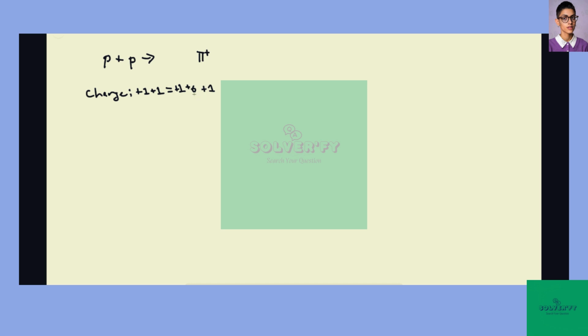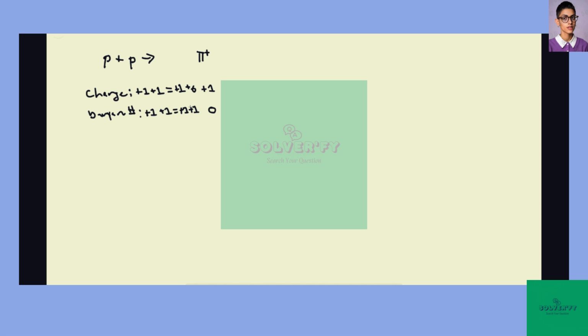Now baryon number: we've got +1 plus 1 equals the baryon number of the products. A pion is not a baryon, so that's a 0, which means this needs to be +1 plus 1.